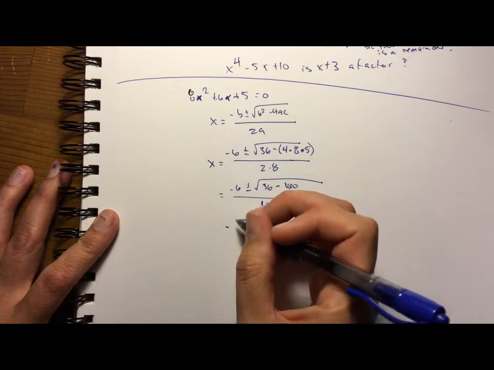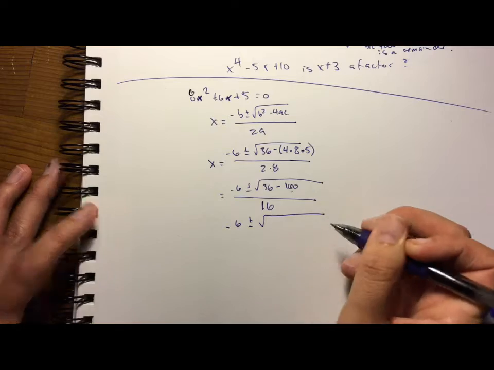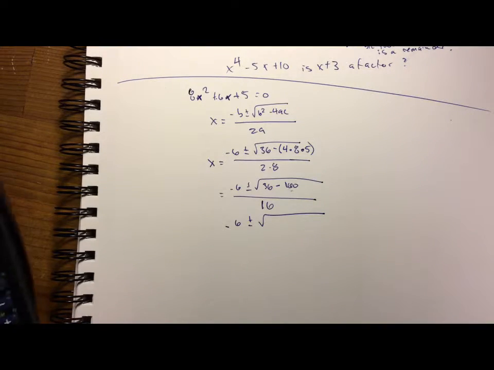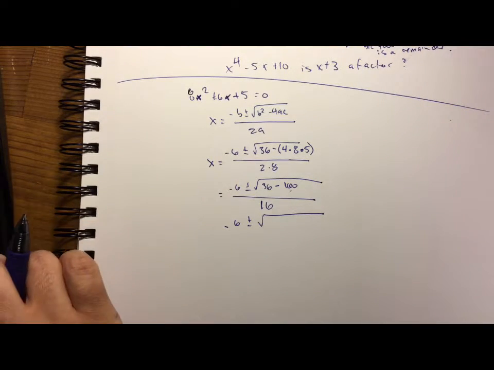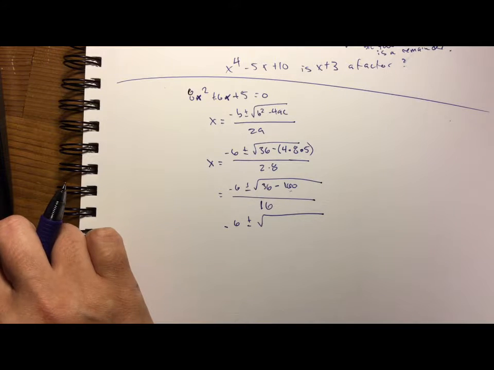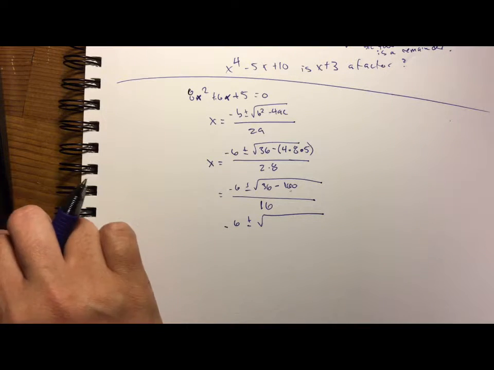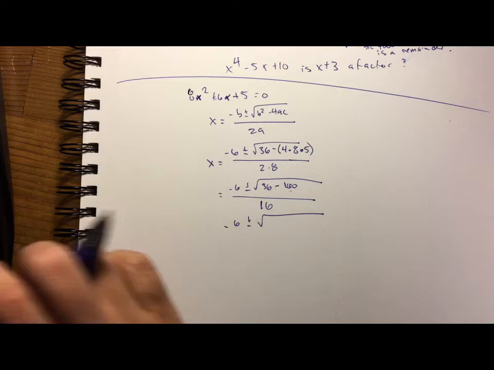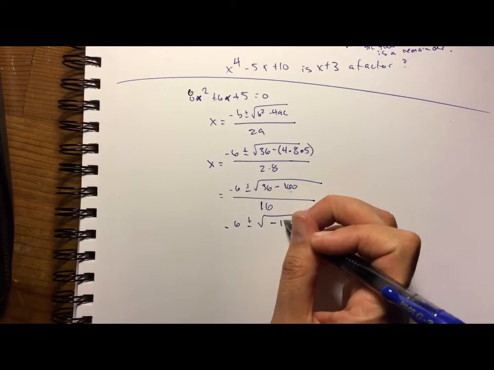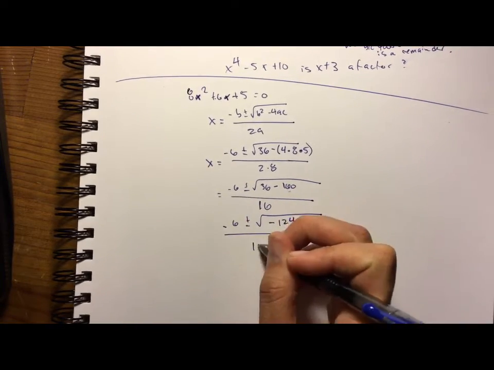Now, let's keep going with this. Let me first make sure I didn't mess up my math because, you know, I like to do that. 8 times 5 is 160. 36 minus 160. All right, so we get negative 124 under the radical over 16.